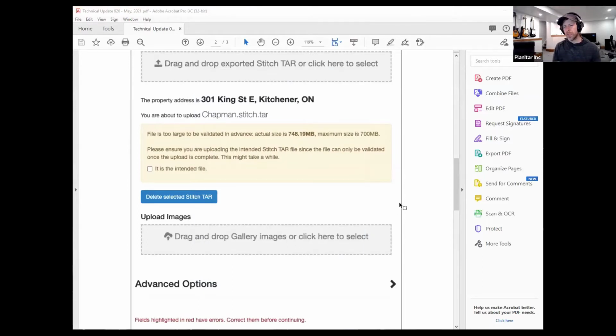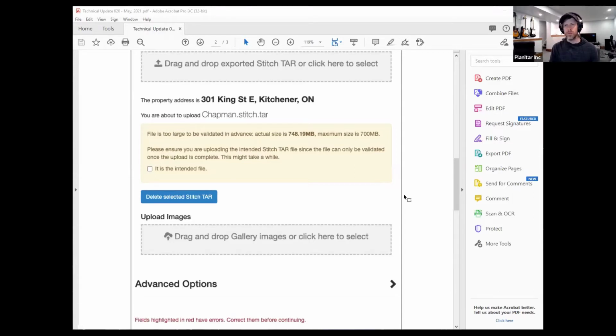So yeah, the tar upload process is far more interesting and cool than you would think. It's not like you just upload your data and that's it. You may have noticed that when you upload your data, it gives you some stats. It tells you how many panels or scans there are, the file size, and a bunch of other stuff.